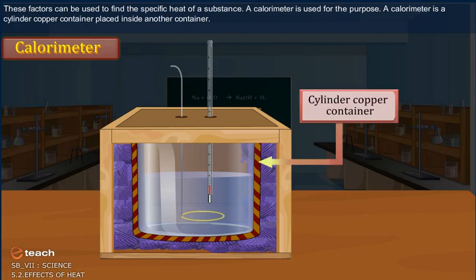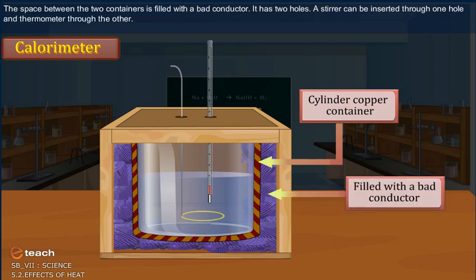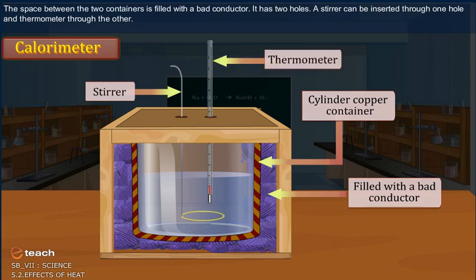A calorimeter is a cylindrical copper container placed inside another container. The space between the 2 containers is filled with a bad conductor. It has 2 holes. A stirrer can be inserted through one hole and the thermometer through the other.